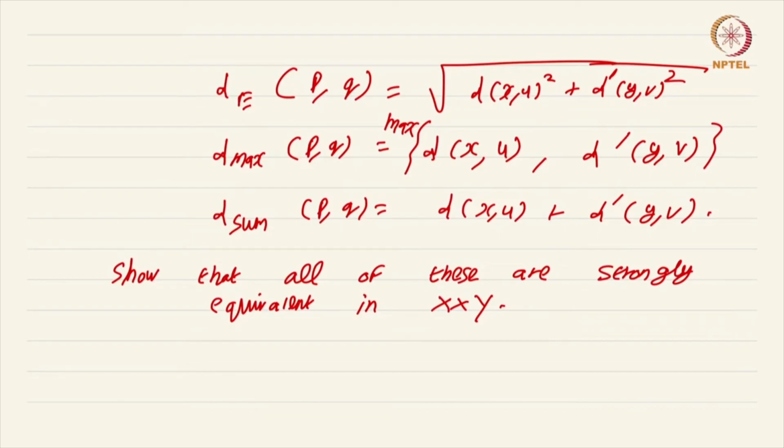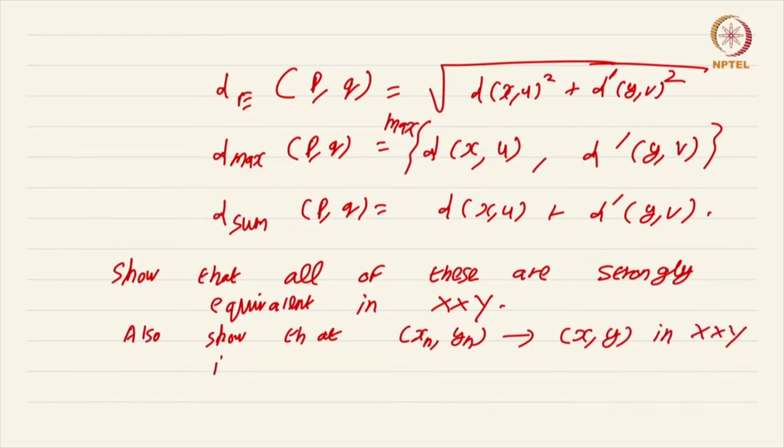Now there is another property which is interesting with this choice of metrics. Also show that (x_n, y_n) converges to (x, y) in X cross Y if and only if x_n converges to x in X and y_n converges to y in Y. This is true under any of the three metrics that we have defined.